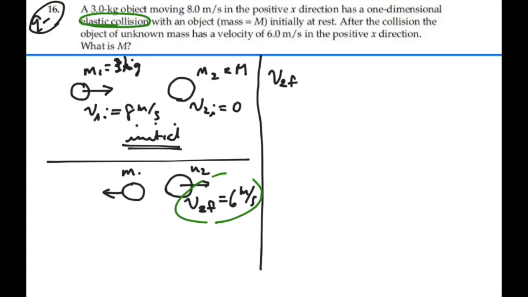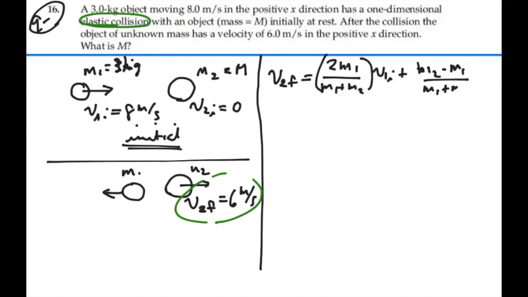V2 final is equal to 2 times mass 1 over mass 1 plus mass 2 times velocity 1 initial, plus mass 2 minus mass 1 over mass 1 plus mass 2 times velocity 2 initial. But in this case, velocity 2 initial was at rest, so this whole second term is 0.